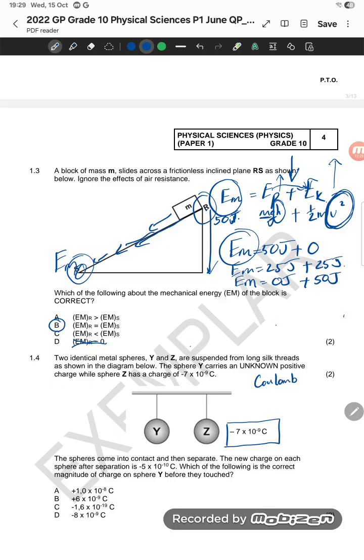Okay, so the spheres come into contact and then separate. Remember, when they come into contact, if I've got 4 here and I've got 12 here, they come into contact and they take each other's average. So 4 plus 12 is 16 divided by 2, you're going to have 8.